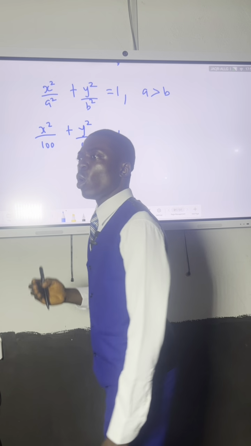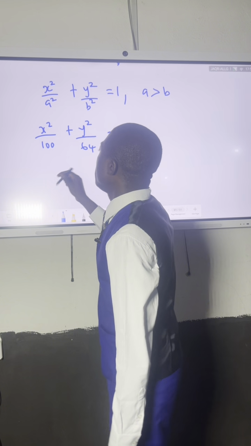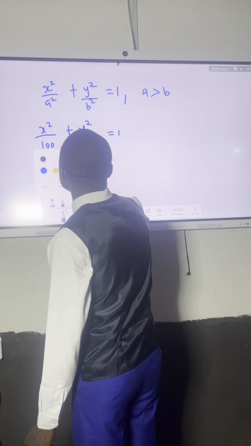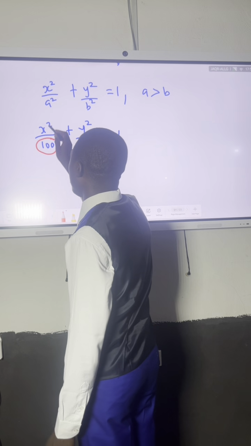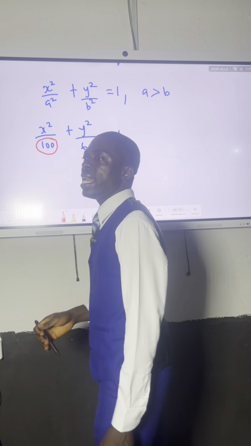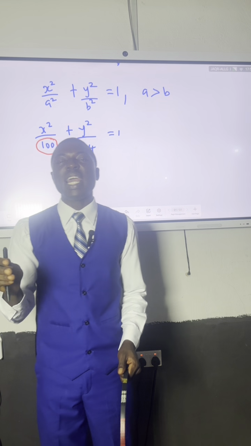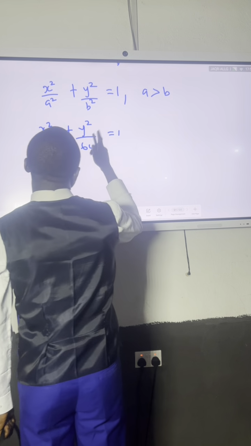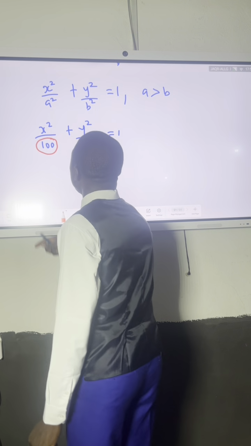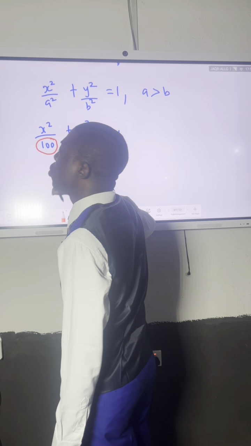If you check very closely, you discover that the bigger value is the denominator of the x squared. That means the major axis of the ellipse is along the horizontal axis. So we are going to compare this with the general equation of an ellipse when it is stretched along the horizontal axis.